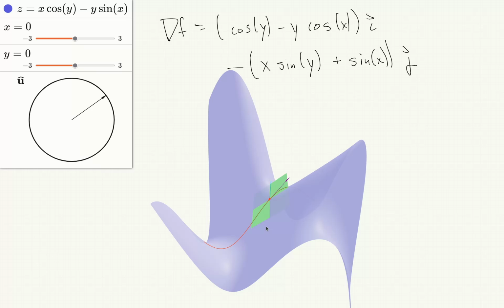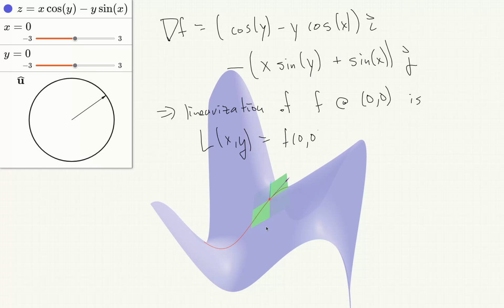So the linearization of f at 0, 0 is L of x, y equals, so f of 0, 0 is 0, so we don't really need to write that. And then let me write all of this out and then simplify it.